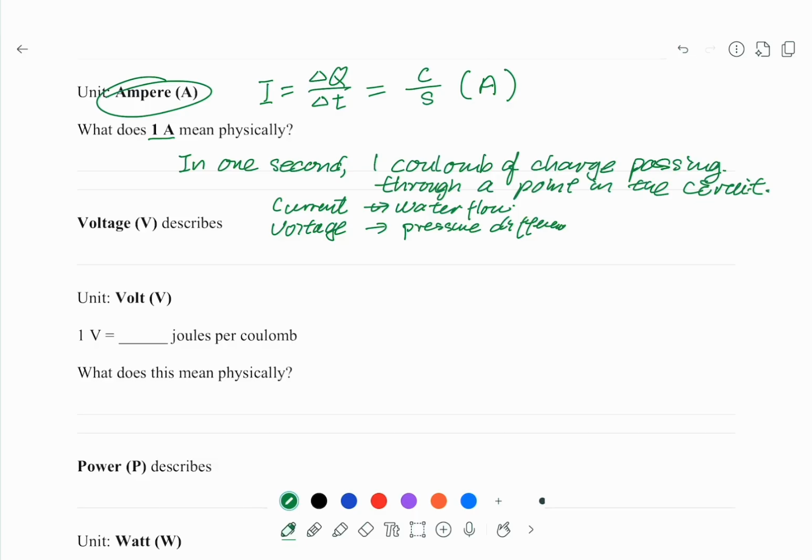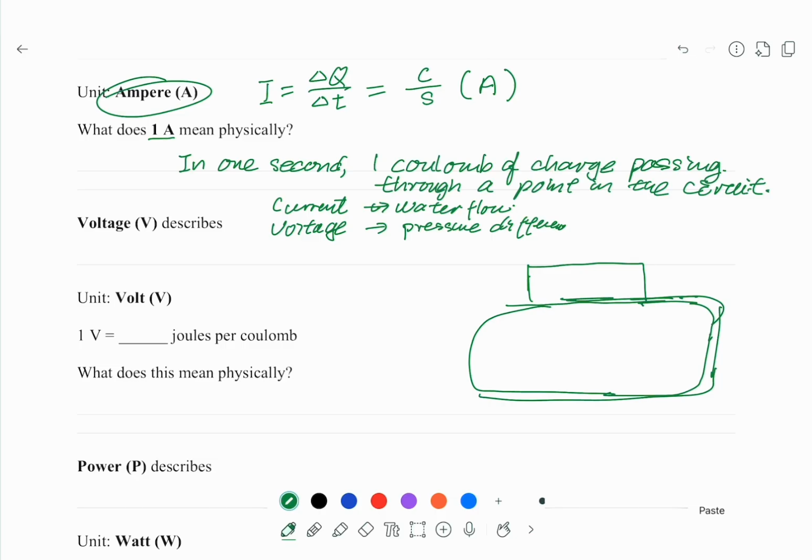Now let's look at it from another perspective. I usually think of a battery like a factory, and in the factory there's a train coming out. This train passes through the railway and returns back. When the train comes out from the battery, the train carries coal. So this is like our energy.